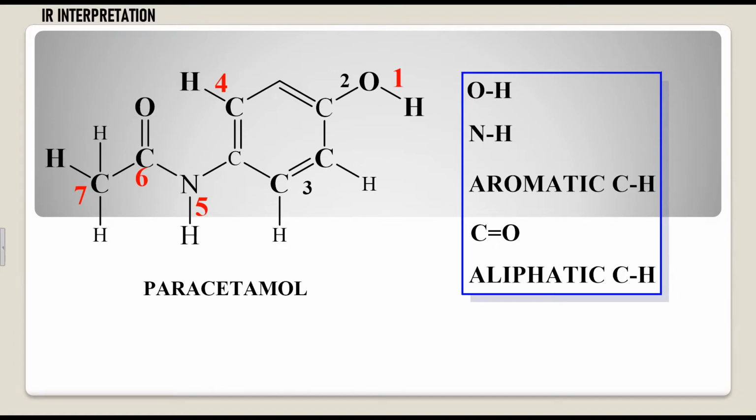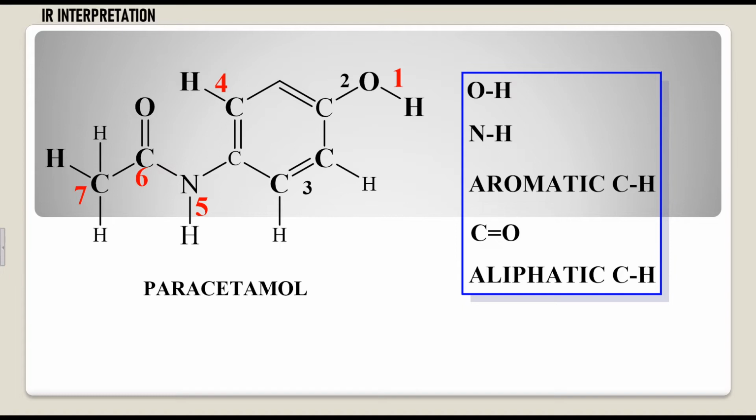Here, I gave paracetamol. In paracetamol, there are seven functional groups. Out of those seven, I have mentioned five functional groups as mandatory or core functional groups to confirm the paracetamol structure.